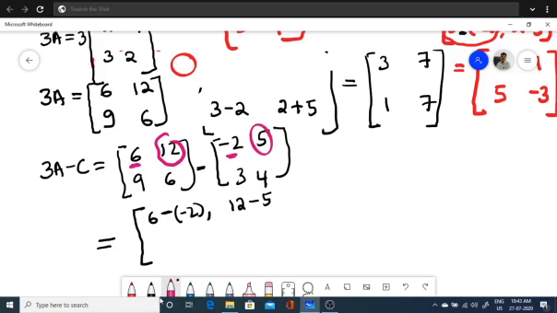Then the corresponding element of 9 here is 3, so 9 minus 3. Then the corresponding element of 6 here is 4, therefore 6 minus 4.